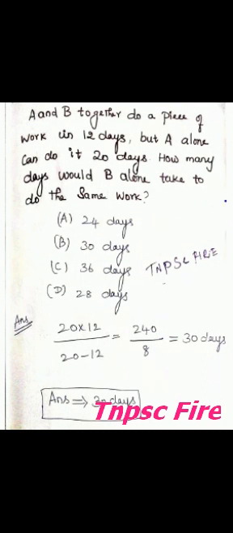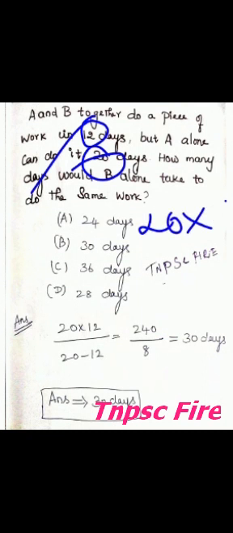Here also they give two values. You take the two values, and multiply them in the numerator.